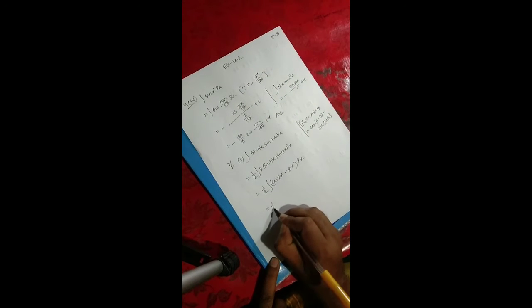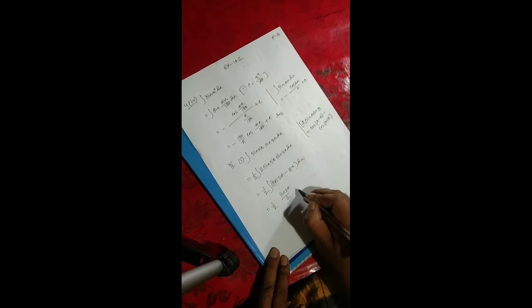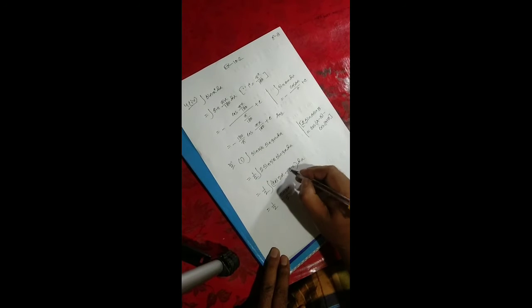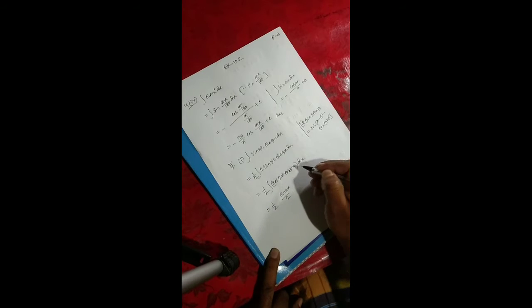Now half into integration of cos 2x, that means sin 2x by 2, here cos 8x, this is the minus sign, it is cos 8x, not only 8x.